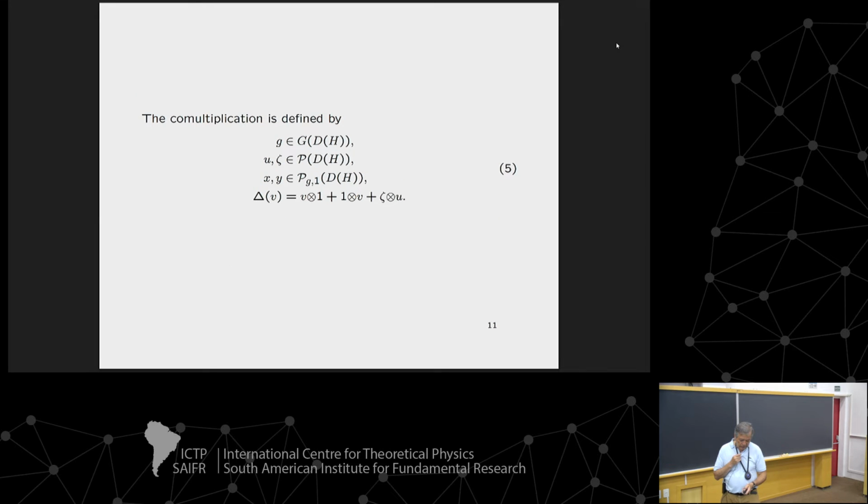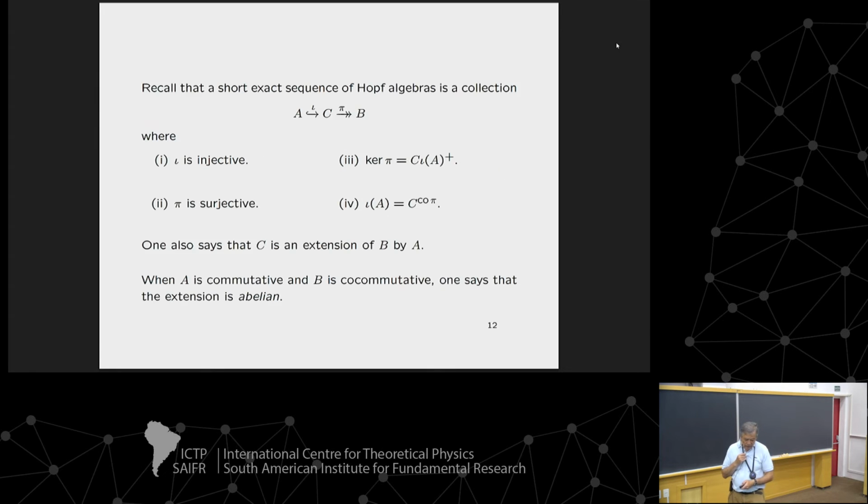And here is the comultiplication. As I said, zeta is primitive, and v is not skew primitive. It's in the next step of the coradical filtration. And to understand D of H better, let me recall what a short exact sequence of Hopf algebras is. This is a collection of three Hopf algebras and two maps of Hopf algebras, iota and pi, where iota is injective and pi is surjective.